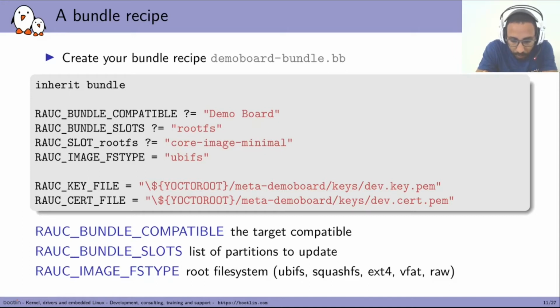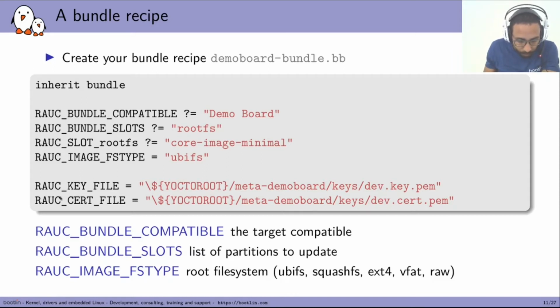You can have typically an application slot or a boot file system slot, like we saw before. And for each slot, you can define the file system format your slot is using.